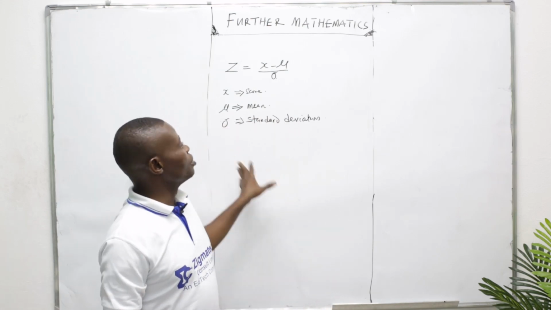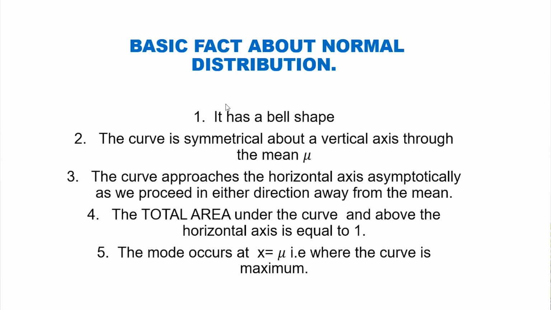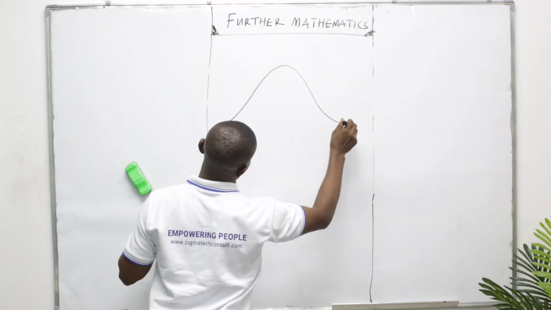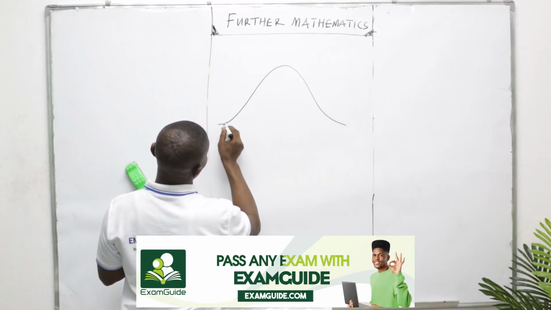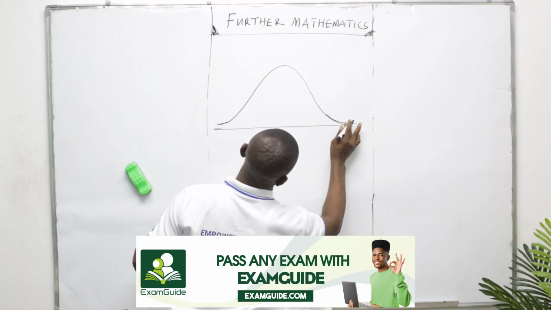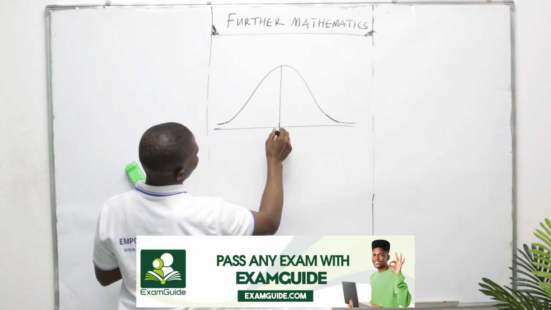Basic facts we need to know about the normal distribution are as follows. One, it has a bell shape. Look at what I mean by bell shape. The origin.